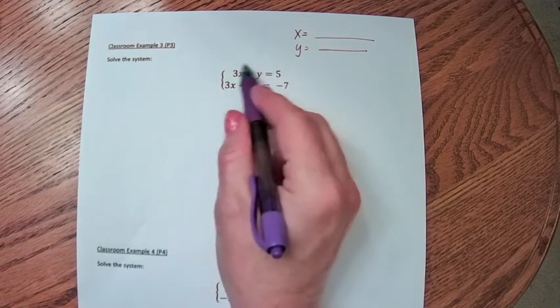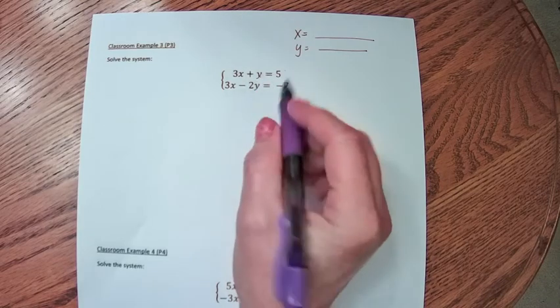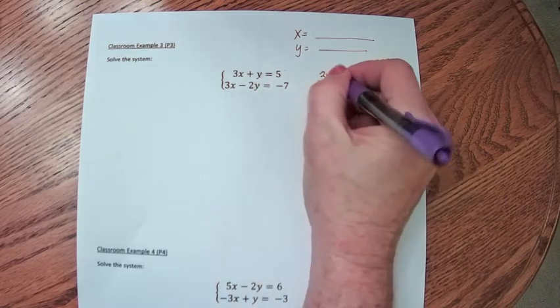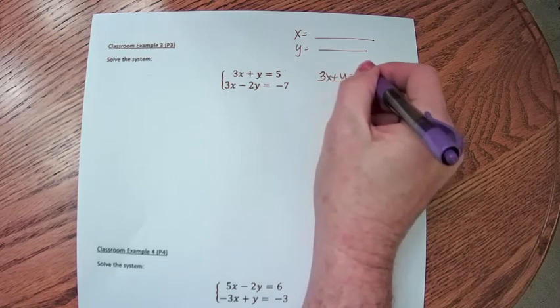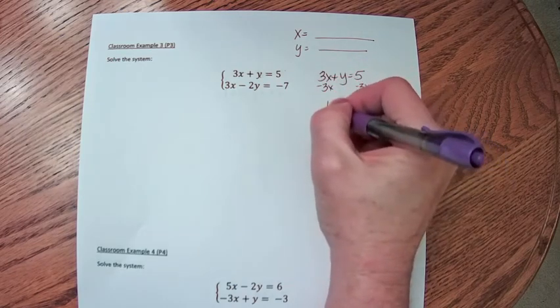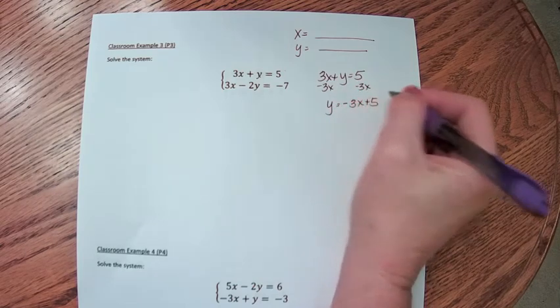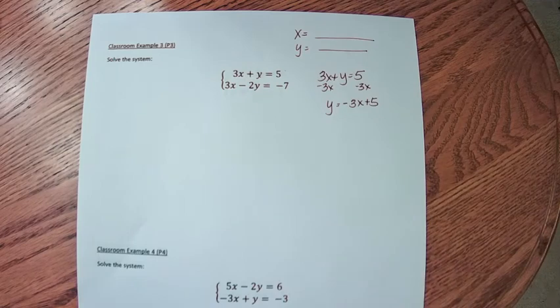However, if I rewrite this first equation, I can get y equals pretty easily. If 3x plus y equals 5, if I subtract 3x from both sides, y equals negative 3x plus 5.